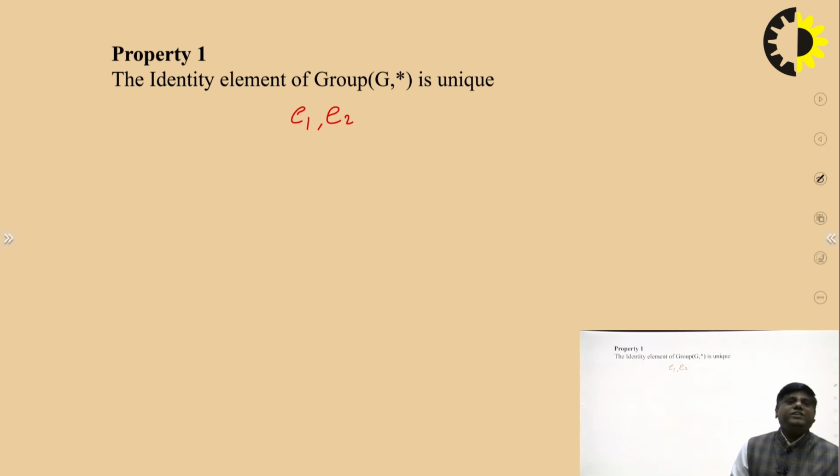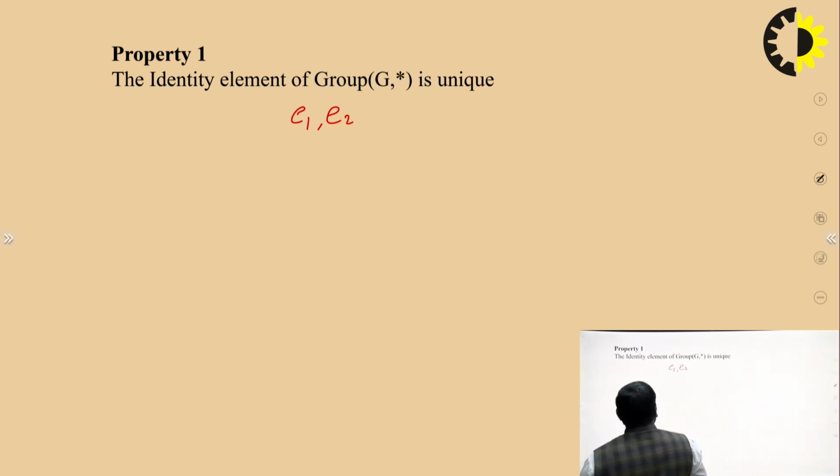Or E1, E2, E3, with three different identities. If we prove that E1, E2 and E2, E3, these three are equal, then we can say that the identity element of a group is unique.